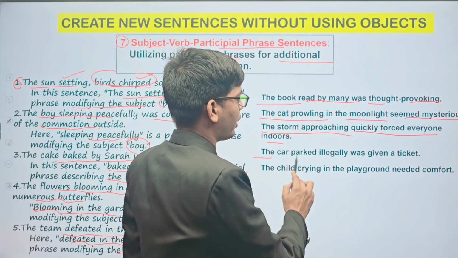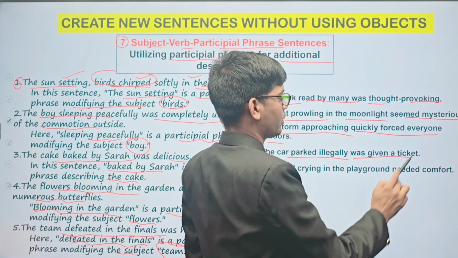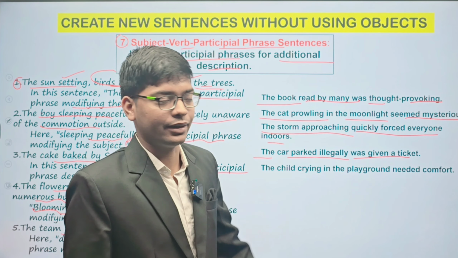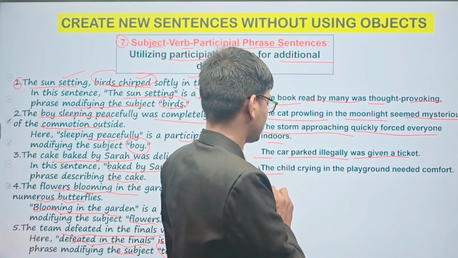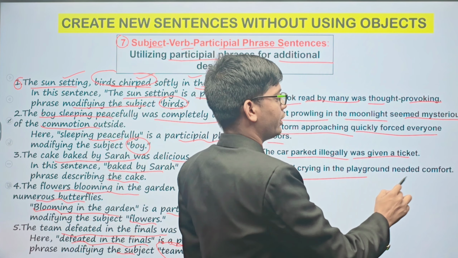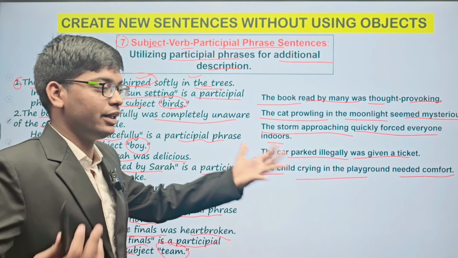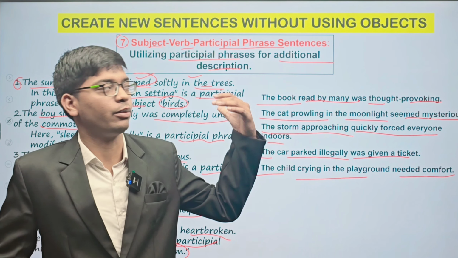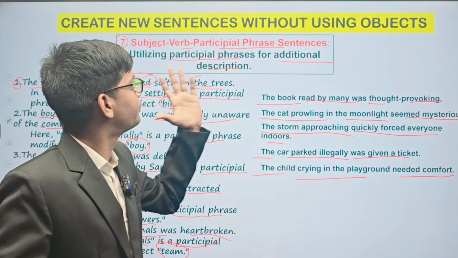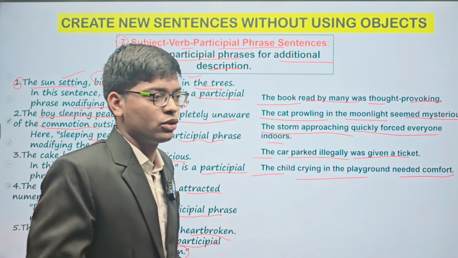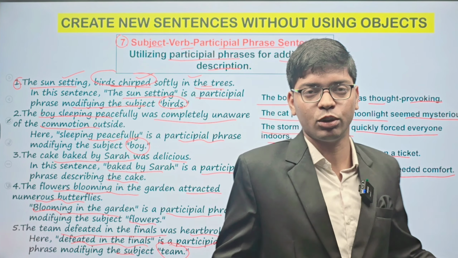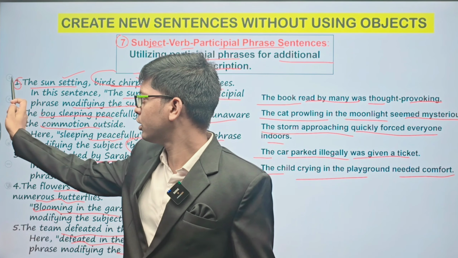"The car parked illegally was given a ticket." "The child crying in the playground needed comfort." Guys, I hope you understand. You can easily create these types of sentences: subject, verb, and participle phrases. Let's move to our next way.